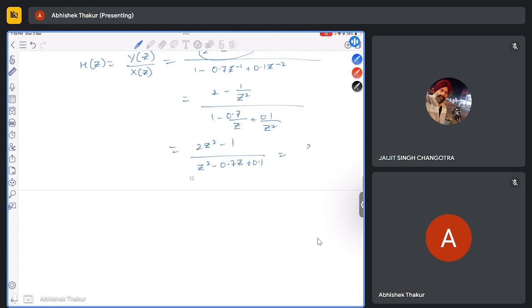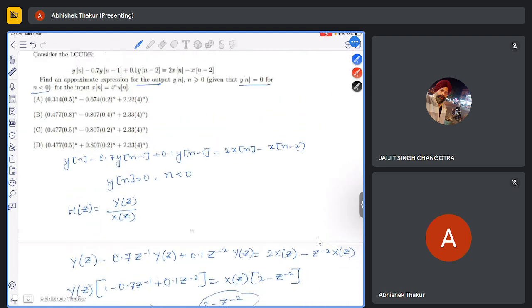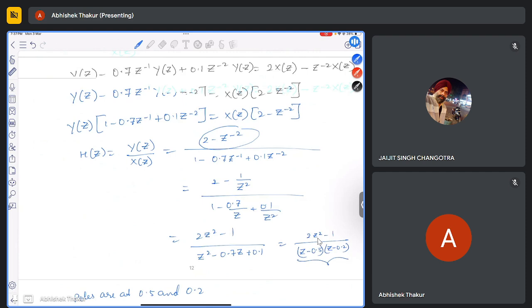So we can write this as 2z square minus 1 divided by z minus 0.5 times z minus 0.2. So here the poles are given by these factors. So poles are at 0.5 and 0.2, and the input given in this question is x of n equal to 4 to the power of n into u of n.